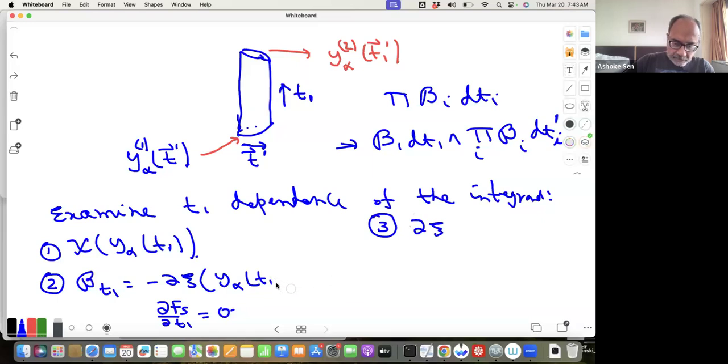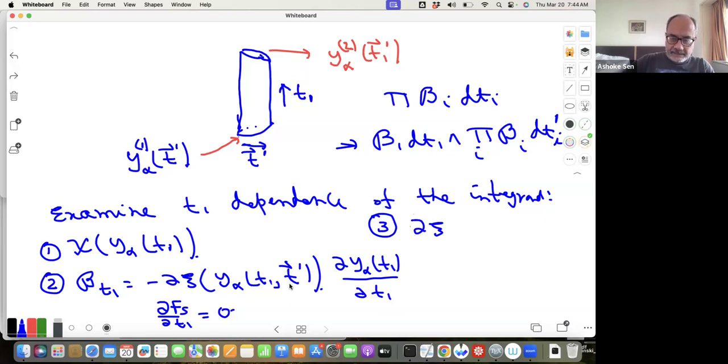See, y alpha can depend on T prime also, right? Ashok, could you clarify: y alpha 2 is the value of y alpha of T1 comma T prime at some specific value of T1, right? Yes, exactly, so T1 equal to 0 to 1, say. But there's no such thing as T1 prime that you have written in the brackets in red.